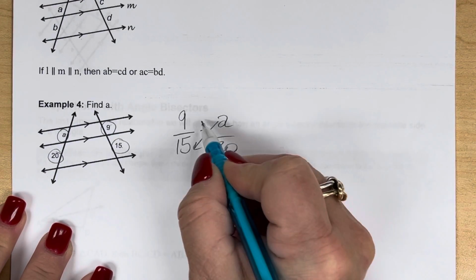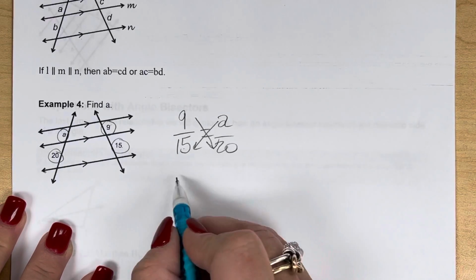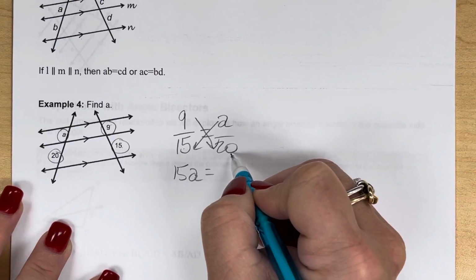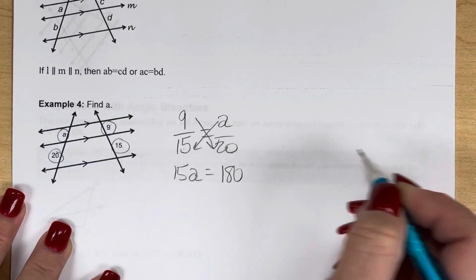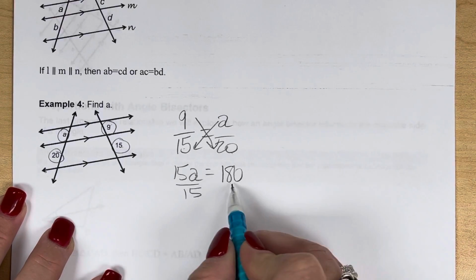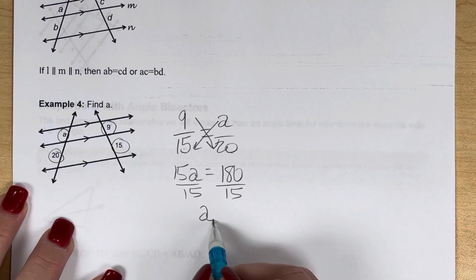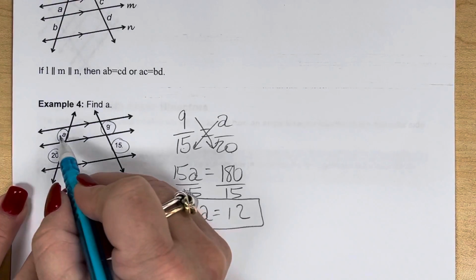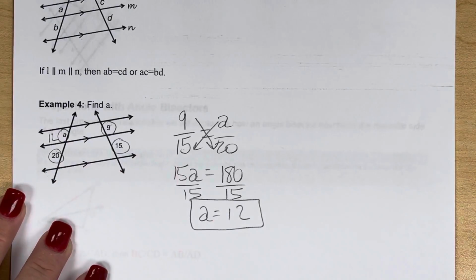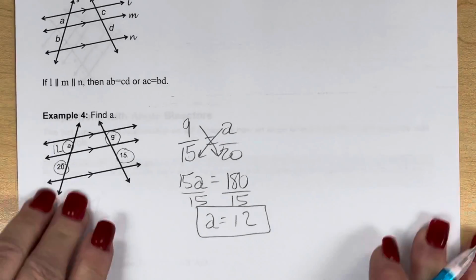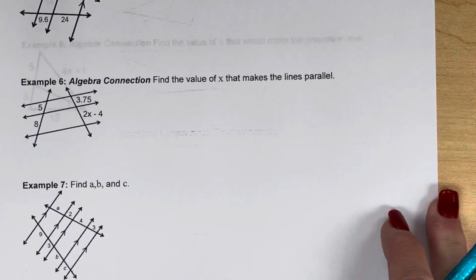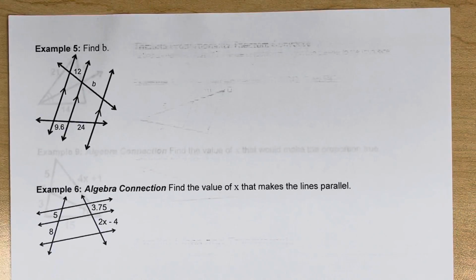And then you just cross multiply. 15 times A, 15A, equals 9 times 20 is 180. Divide both sides by 15, and A equals 12. So this missing measure would be 12. So it's not hard at all. Don't panic.